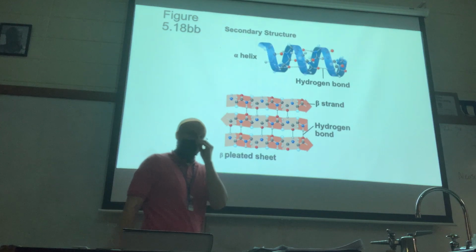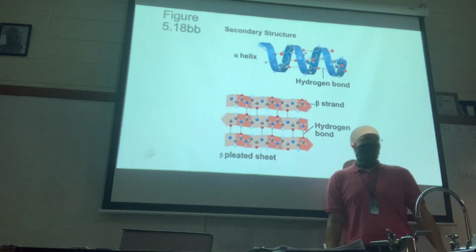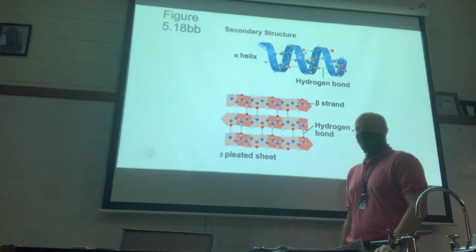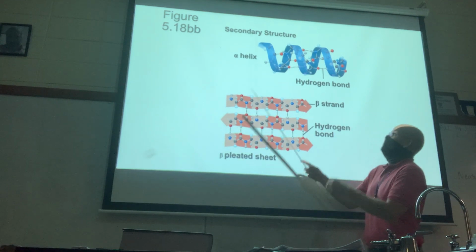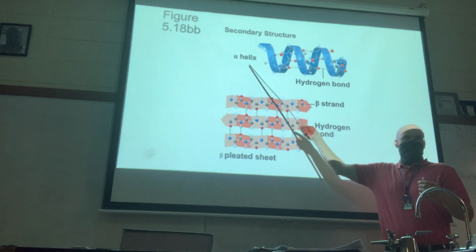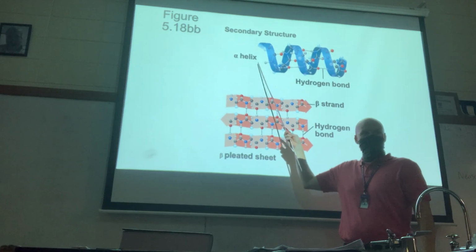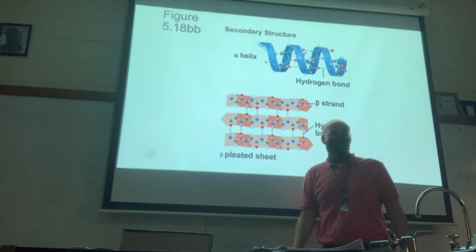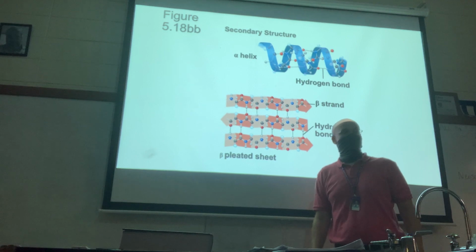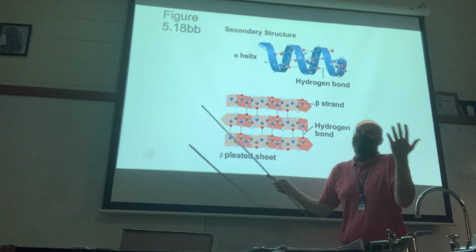Now, unfortunately, scientists don't like using fun, simple terms like twist and fold. So they call the twists alpha helix. Do you know what the plural of a helix is if you have many of these? It's a weird pluralization. That's very close. Helices.